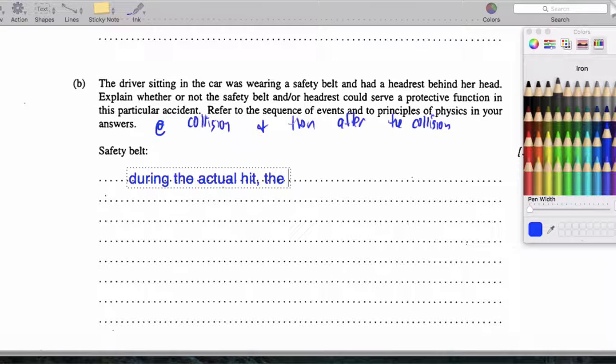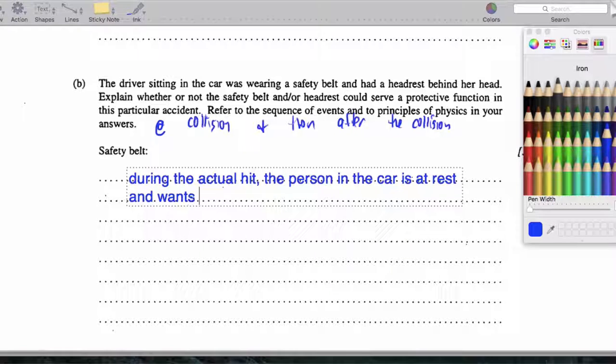the person in the car is at rest and wants to remain at rest.